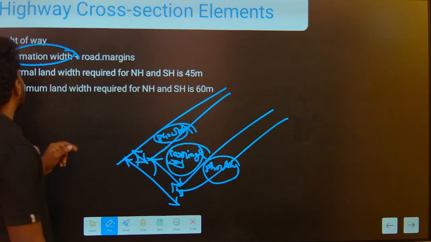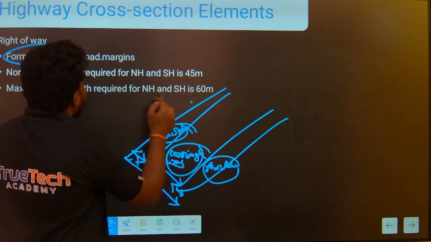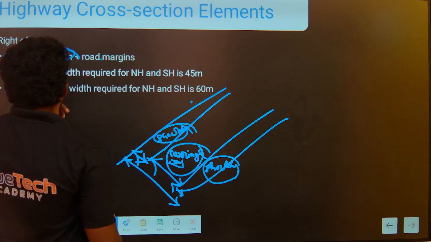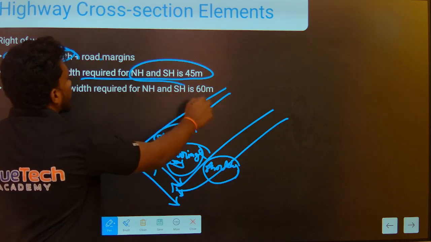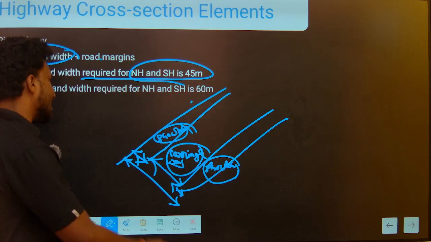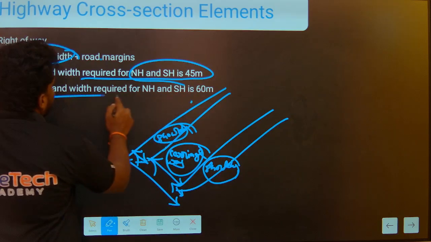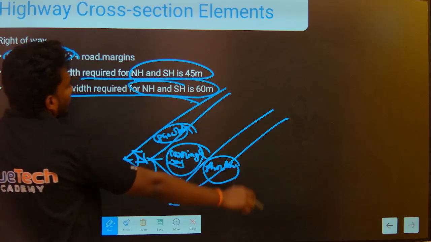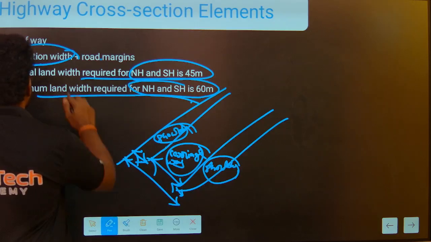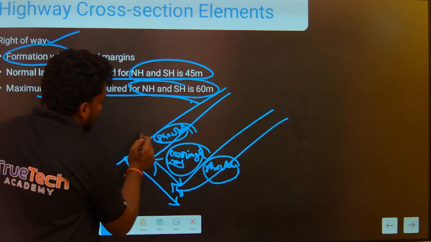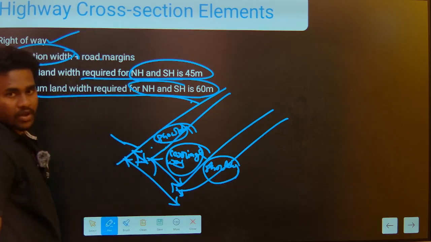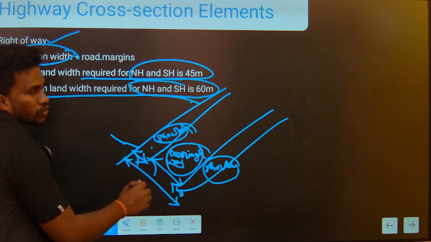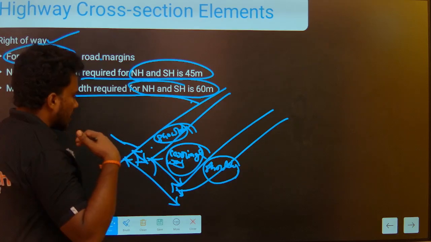And the road margins. The normal land width required for national highways and state highways is 45 meters, as per IRC. And the maximum land width required for national highways and state highways is 60 meters. And right of way is nothing but, after these shoulders we have to construct some drainages to drain off the water.